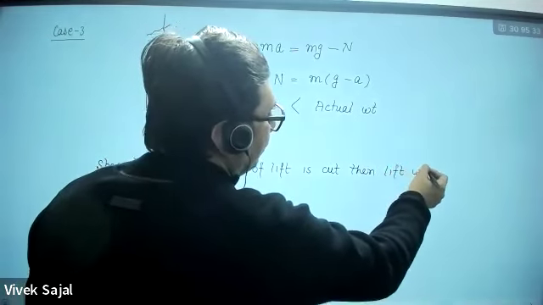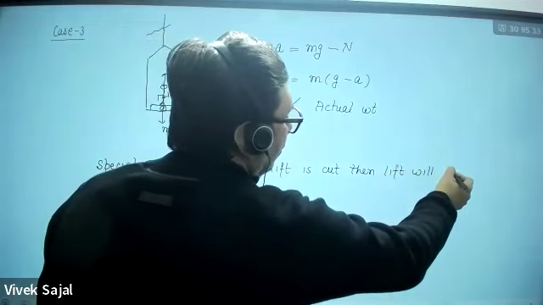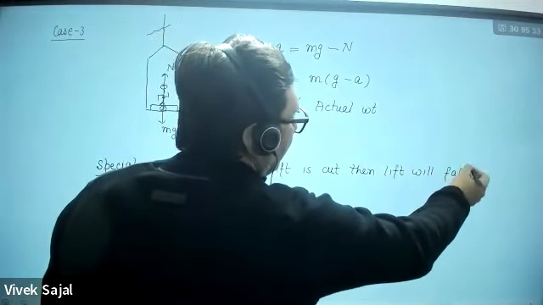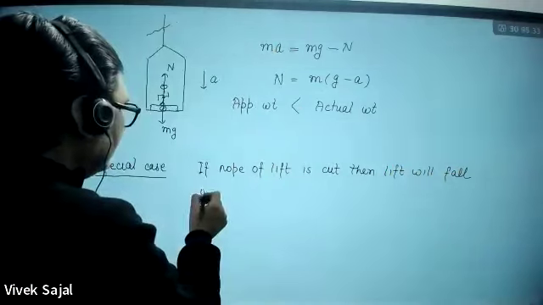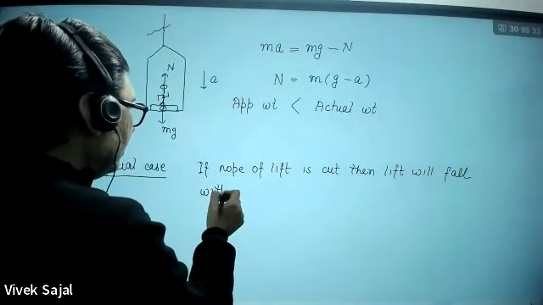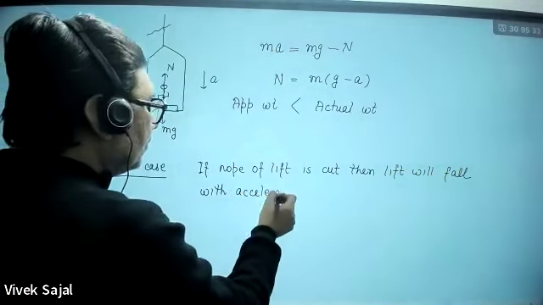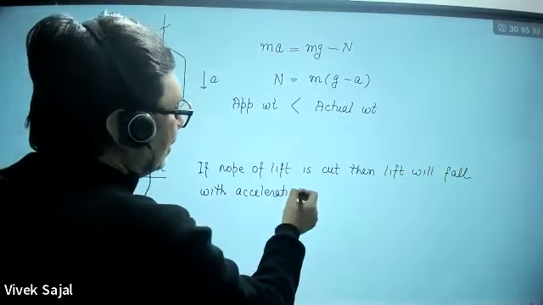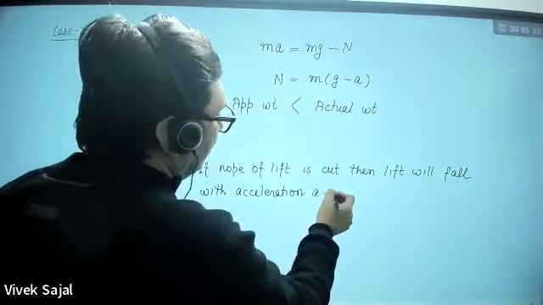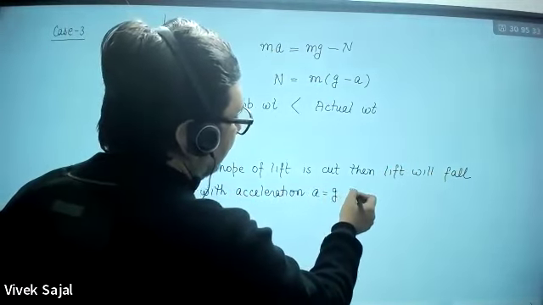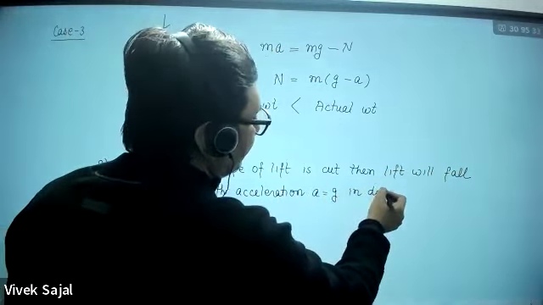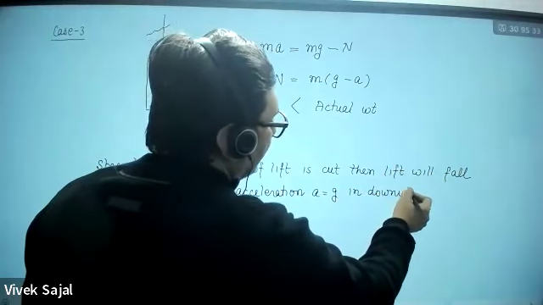The lift will fall with acceleration a equal to g in the downward direction.